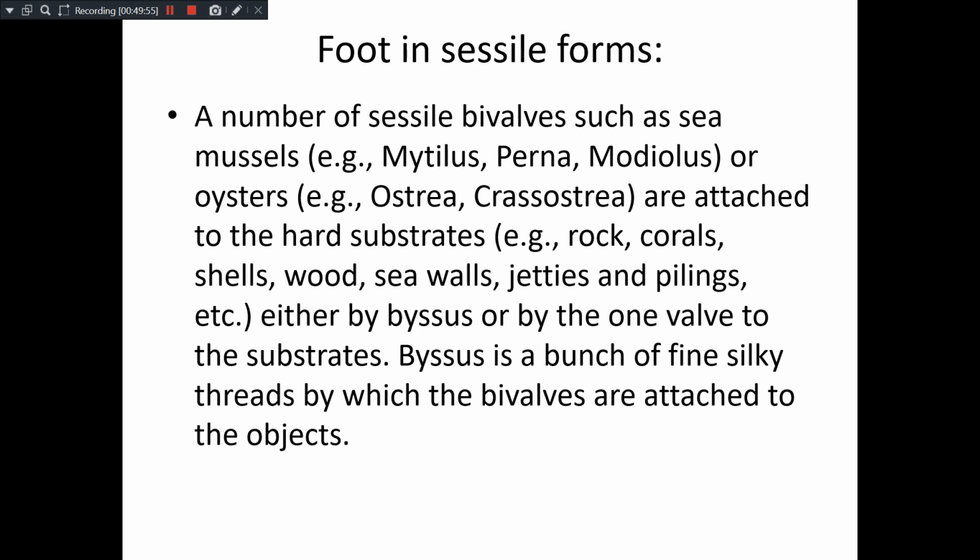The foot is seen not only in animals with locomotion, even in sessile forms also. A number of sessile bivalves, such as Mytilus, Perna, oysters, which are always sedentary forms, are attached to substrates, to the rocks, corals, shells, woods, either by byssus or by one valve to the substrate.